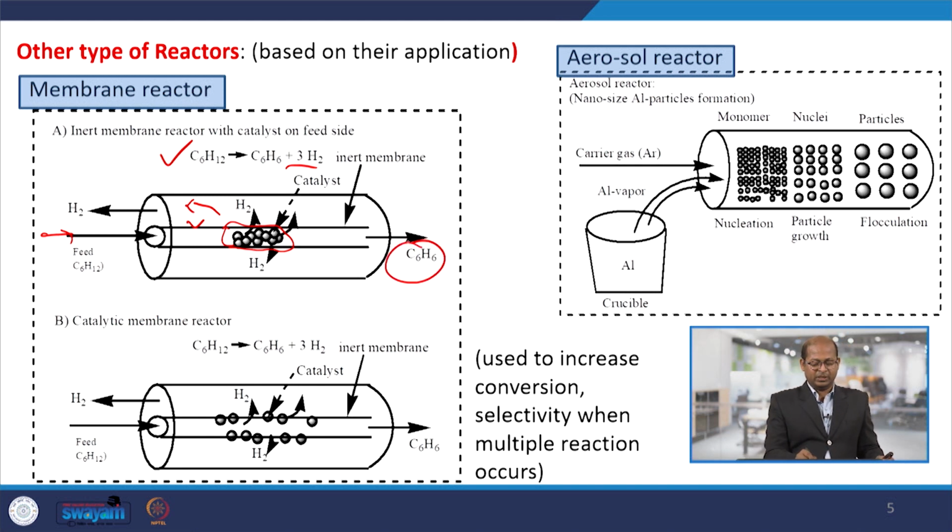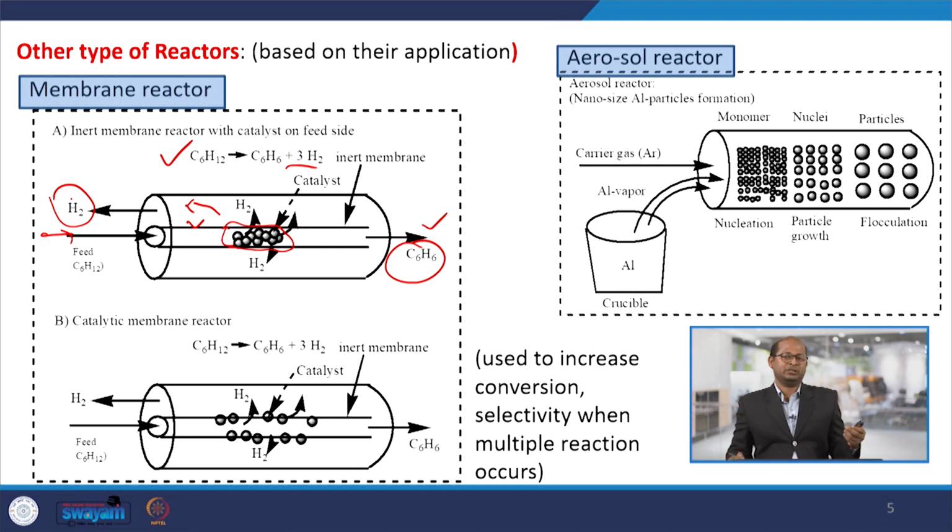The other heavier components do not pass through the membrane pores and come out as a product from here, and we get a second product on the other side. In that way we can increase the conversion and selectivity of the reactions or products. These reactions may be conducted at high temperature, and we can separate out a particular product while the reactions take place.